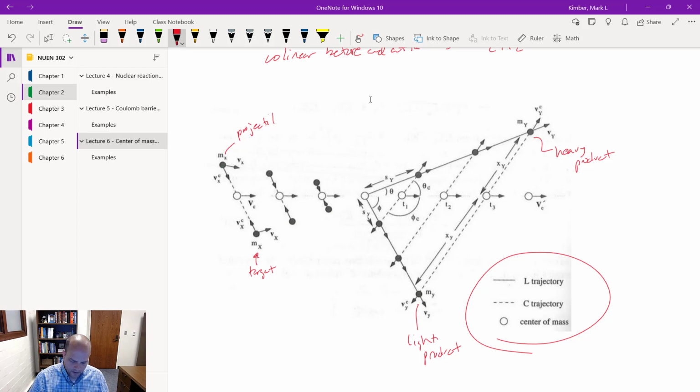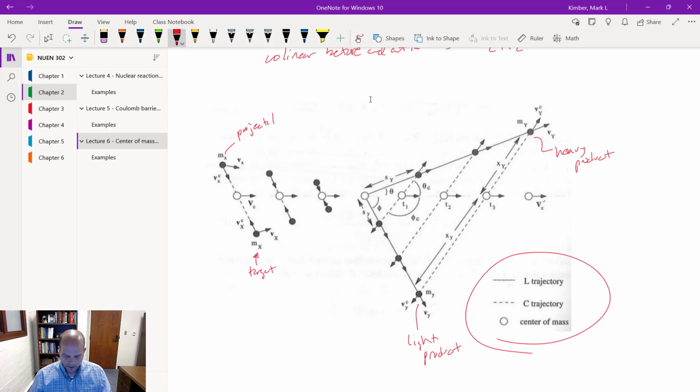If I'm looking at this from the lab reference frame, or from the observer's point of view, I'm not even tying any frame of reference to any particle at all. I'm out here observing this, and I've got these two particles approaching each other. They collide and then have some nuclear reaction to have two new particles come out the other side.